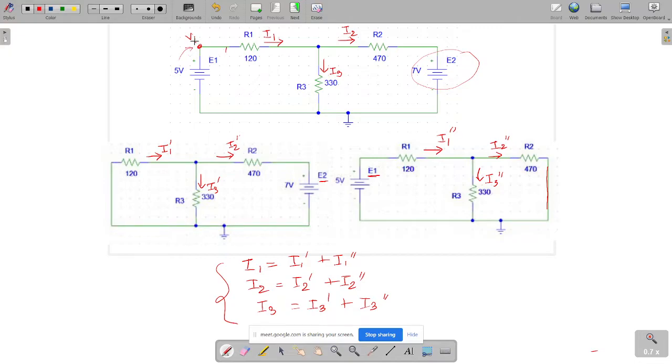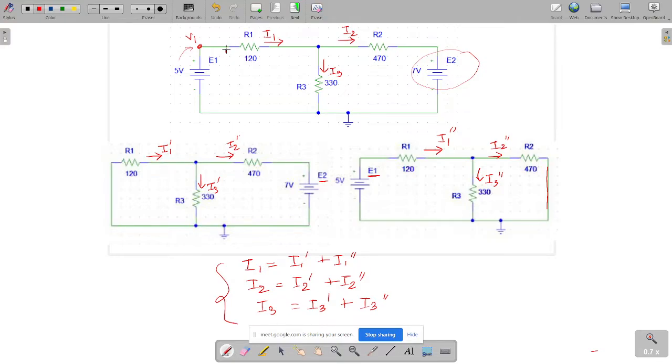So how do we place a voltmeter in order to measure V1? Where do we place it? Parallel with the 5 volt. Yes, V1 in parallel with the 5 volt.